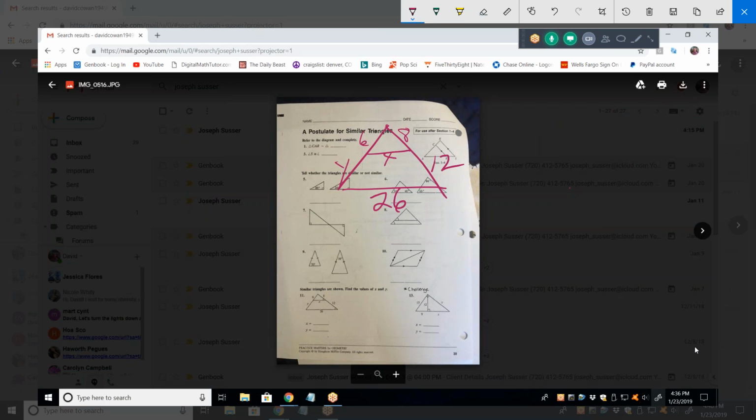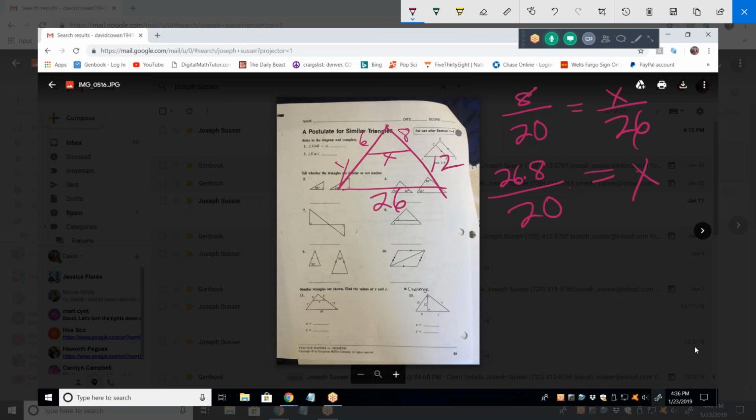So how do I figure this out? Give me some ratio equations that I can write. 8 over 20 is equal to x over 26. Okay, so that solves for x. So x is 26 times 8 over 20.